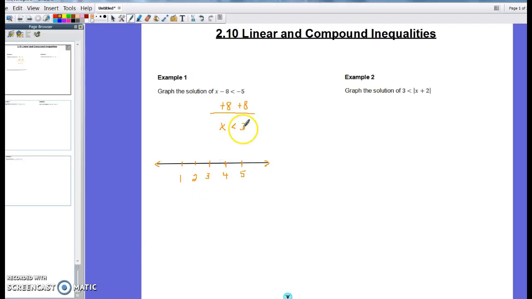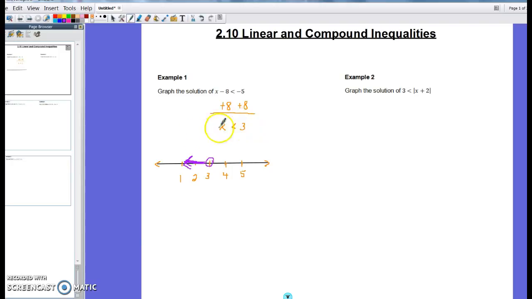And it's less than, it's not less than or equal to, and because it's strictly less than, I'm going to make sure I have an open circle at 3. And because it's less than, I go left, right? Less than means we shade to the left. And so that is what our solution would look like on a number line.